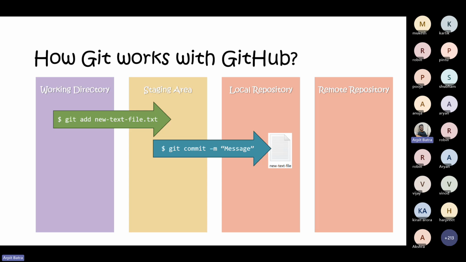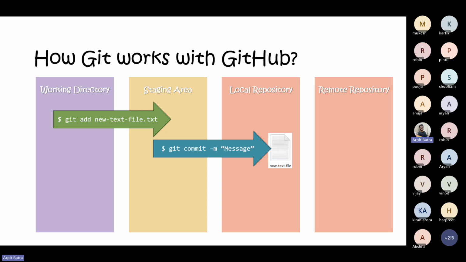When we add a file using git add, it moves to the staging area, as you can see in the figure. Now we have the local repository. This is where Git stores the commits you have made. Changes in this repository are not visible to others until you push them to the remote repository.